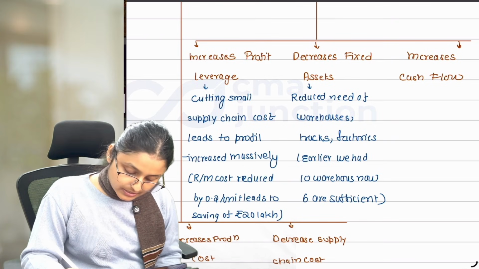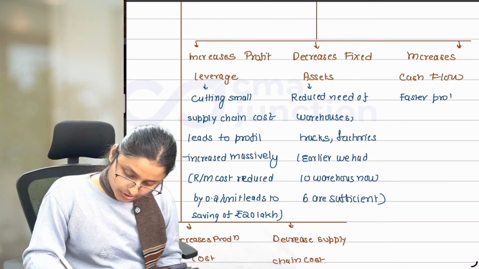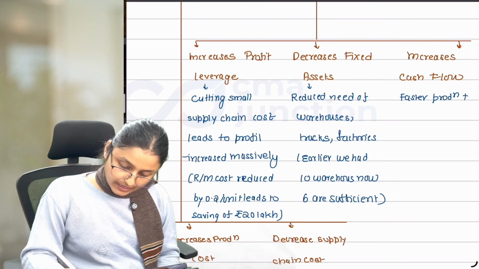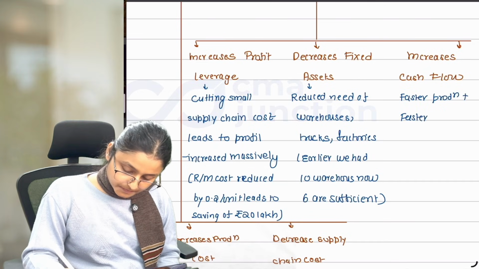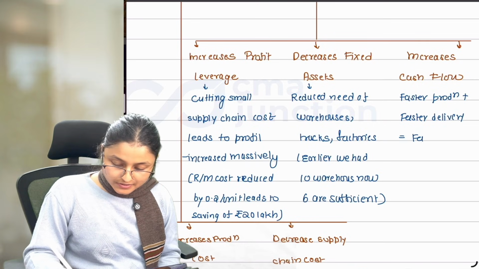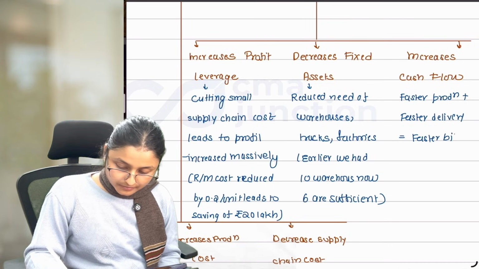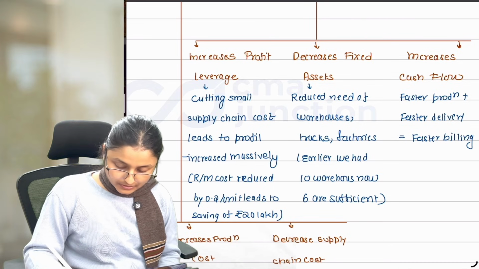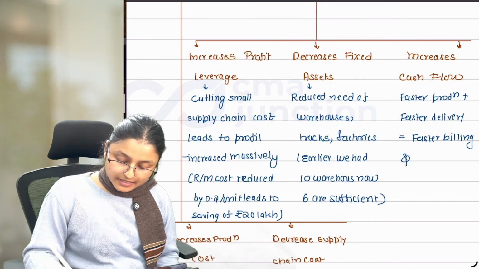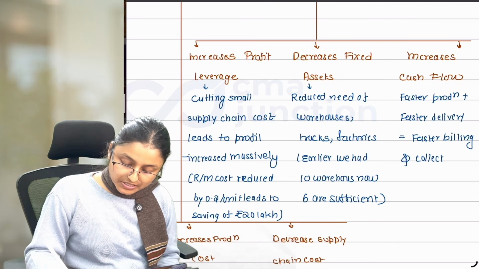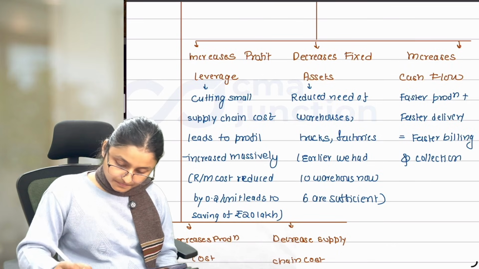Next comes increases cash flow. As production is faster, as delivery is faster, and hence faster billing is done. As faster billing is there, hence the collection of money will also be fast.